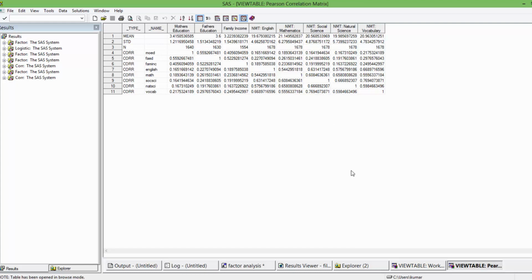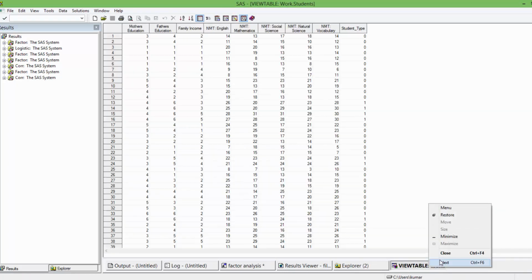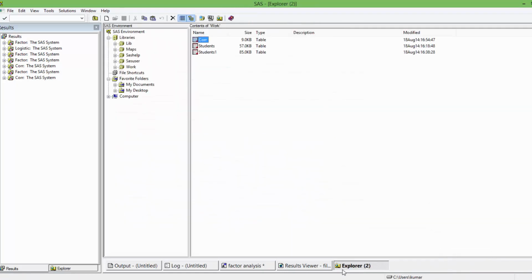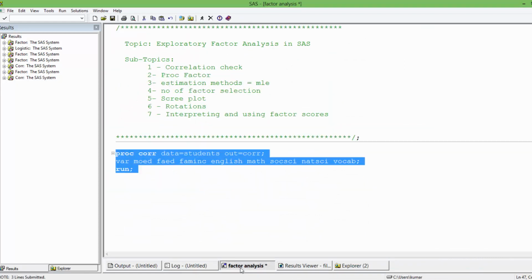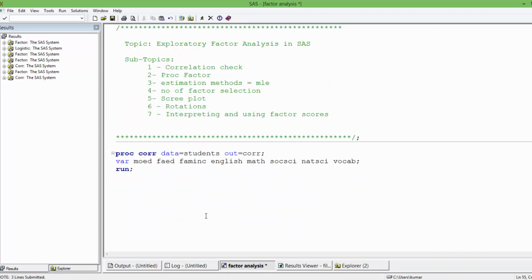Hence, we can conclude that there is some level of redundancy in our data. And when we have redundancy in the data, we need to use factor analysis to come up with a few factors out of this large number of variables. We don't have a very large number of variables, but we can of course reduce the number of variables from 8 to a very few factors.